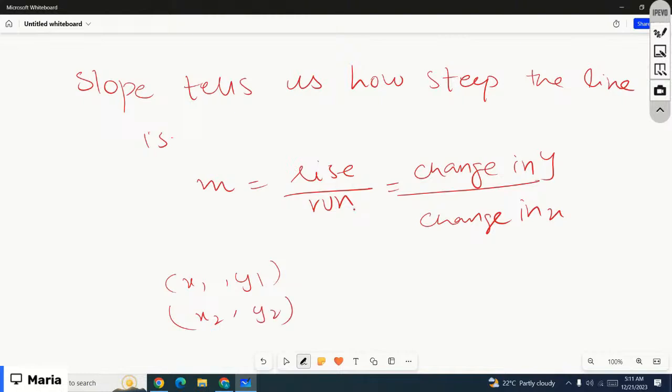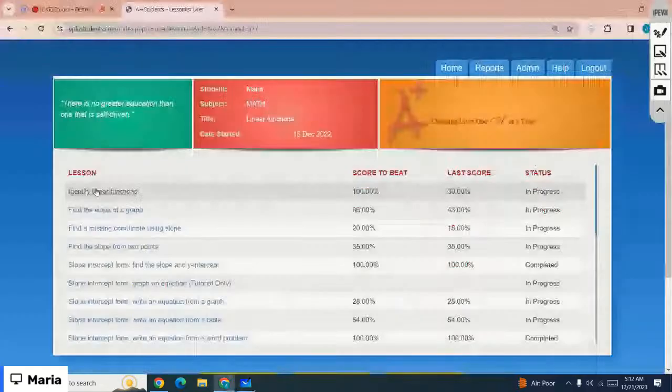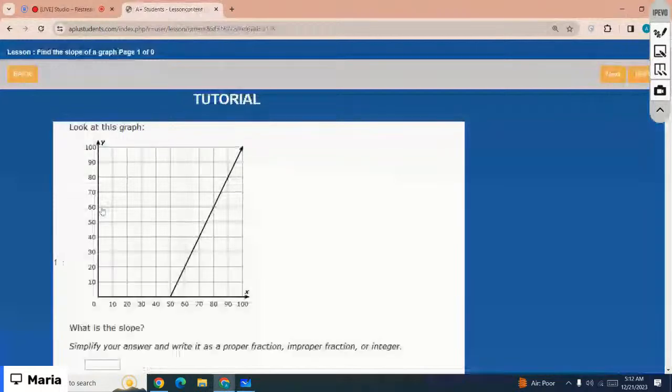You need to calculate the slope between these 2 points. So you calculate y2 minus y1, the change in y, divided by x2 minus x1, the change in x. Now let's start with the question: find the slope of a graph. When we are given a graph, how do we calculate the slope?